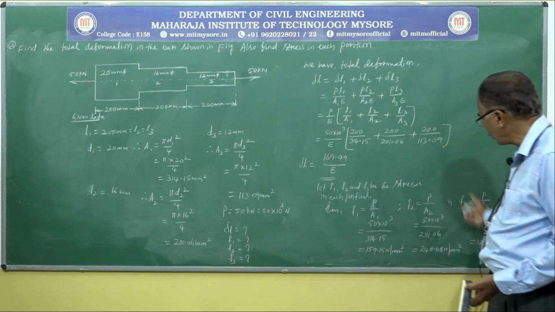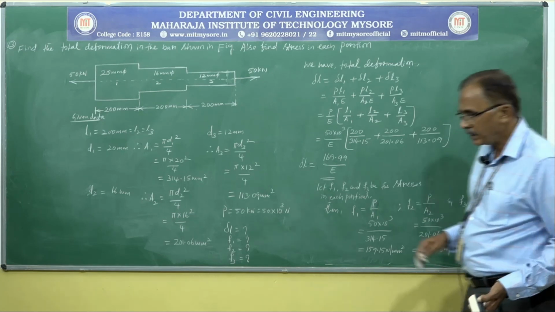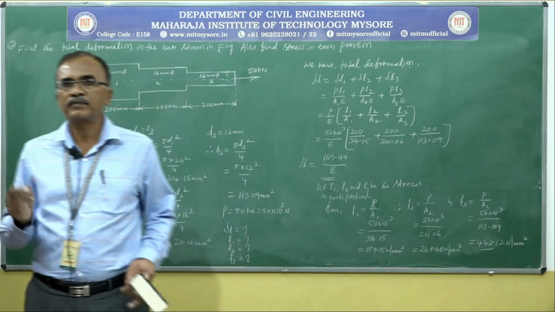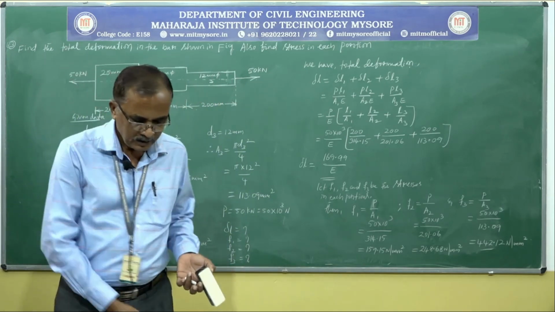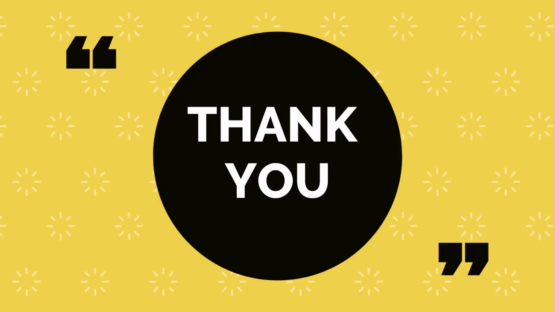Below that you write F2, F3. Let your write-up be step by step like an algorithm. That enhances the beauty of the write-up. So let us stop at this level. We will continue in the next class.